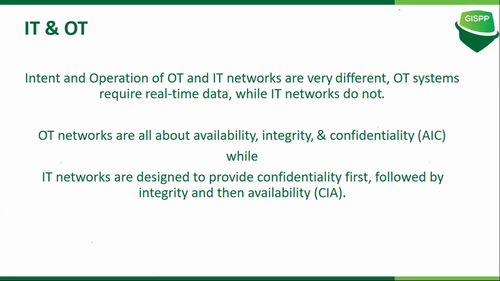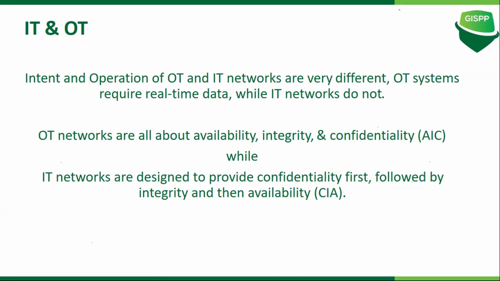But in IT networks, confidentiality comes first. A lot of people just pronounce CIA without any flow preference, but the way it is pronounced is how you give that control its importance. In IT, confidentiality is the first thing, followed by integrity and then availability.